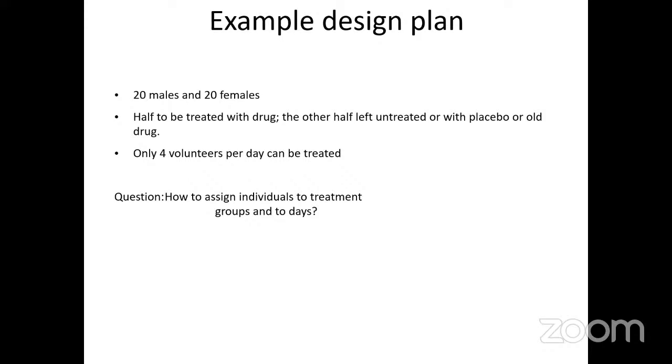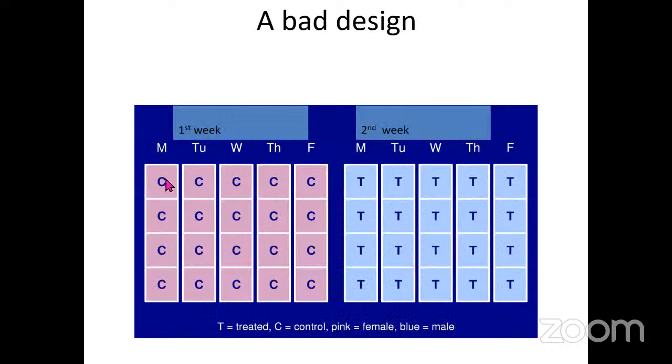So how do we assign individuals to the treatment, to the day, to the untreated versus treated? I will just show you some of the slides. For example, if I take control, that means no treatment, Monday, Tuesday to Friday, 20 people, I do all the controls, and then the remaining 20 people I give the drug the next week.